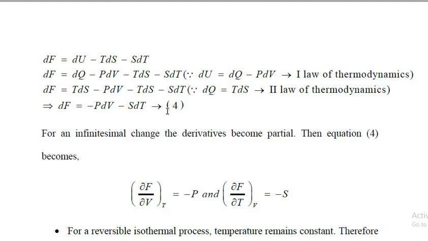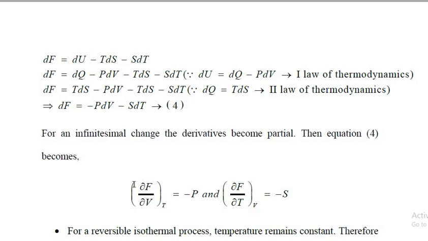This is equation 4. Now for an infinitesimal change, the derivatives become partial. Therefore in equation 4, at constant temperature the dT term becomes 0. So we will have dF is equal to minus P dV.